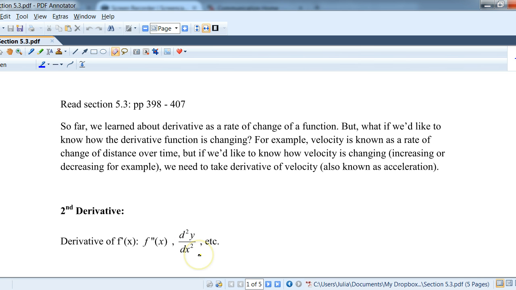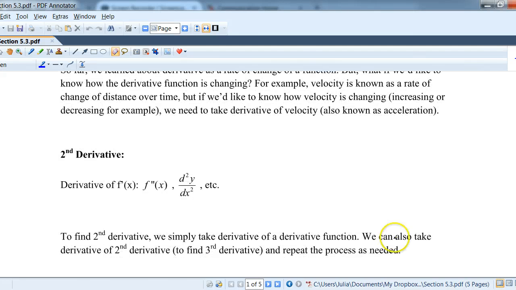You'll see sometimes an acceleration has really strange units. Like, for example, feet per second squared. You'll see how the time is squared, because basically it's feet per second, let's say it's velocity, per another second. So how is that changing over time again, which is why seconds are squared, and etc.